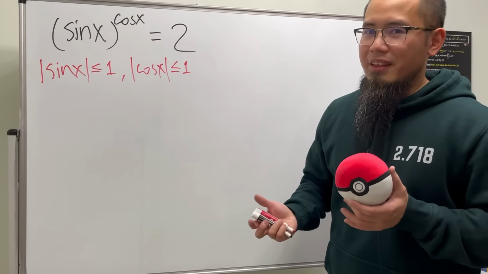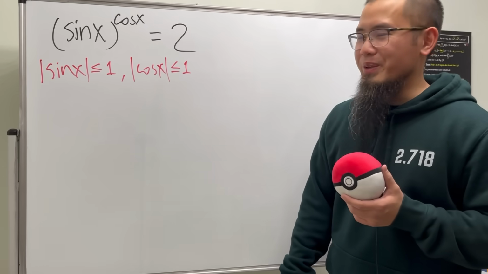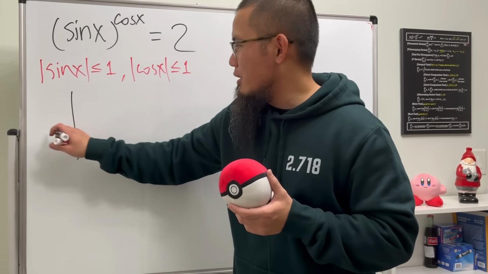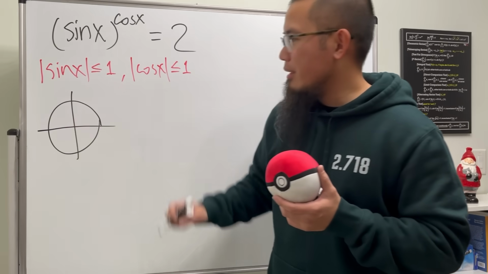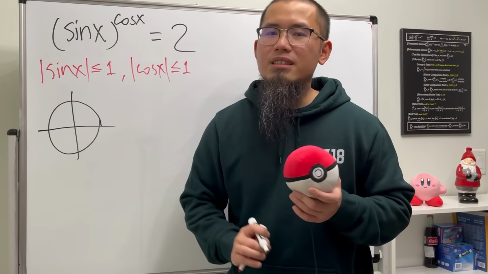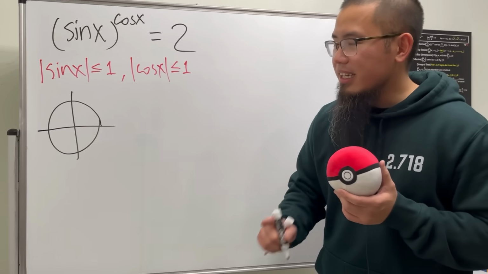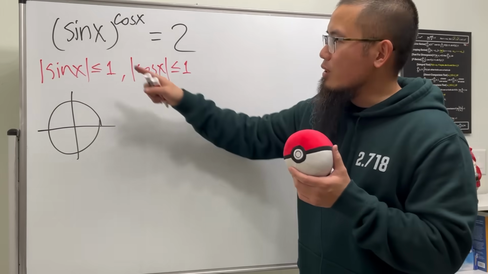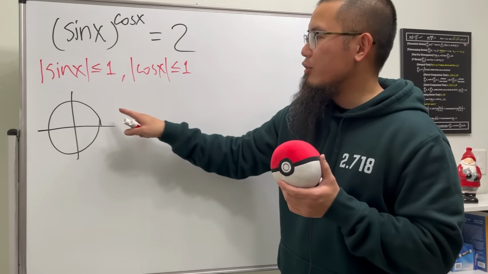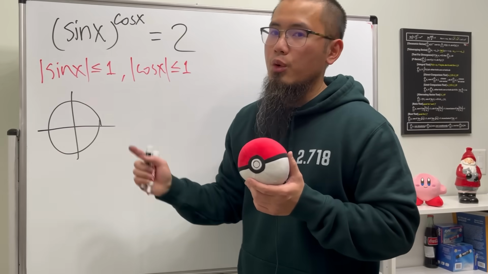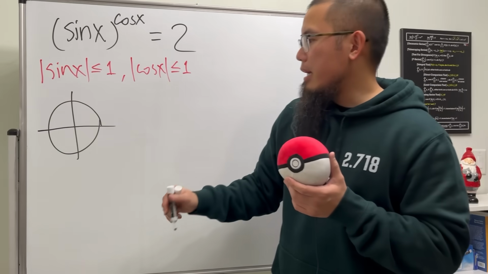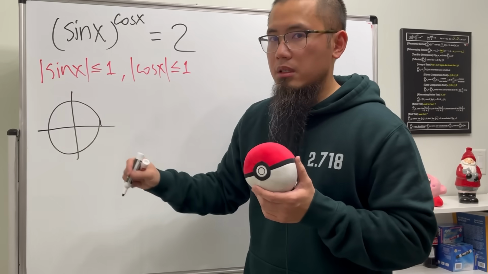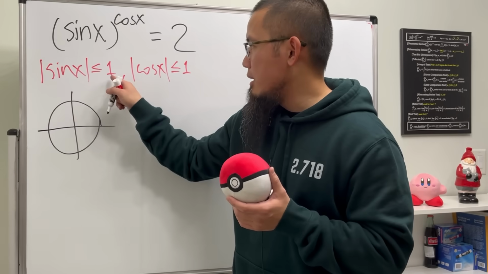This is what I was thinking when I was coming up with this equation. Let me show you guys the unit circle. It helps. Keep in mind, everything is in the real world now. With that said, we need to have the base to be positive. And for sine x to be positive, that means we have to be in the first and also the second quadrant. So now keep in mind, the base is positive and it's going to be less than or equal to 1.